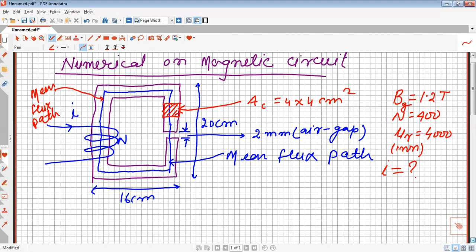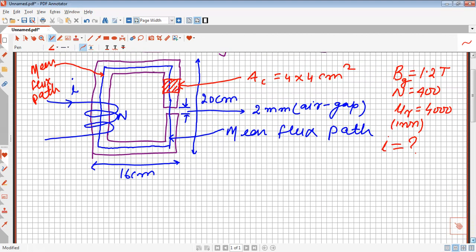So to solve this, there are two parts. One is the core and another is the air gap. If we draw an equivalent circuit, we will see that there is a reluctance of the core and a reluctance of the air gap. This is the reluctance of the air gap, this is the reluctance of the core, this is the MMF, and this is the flux phi.